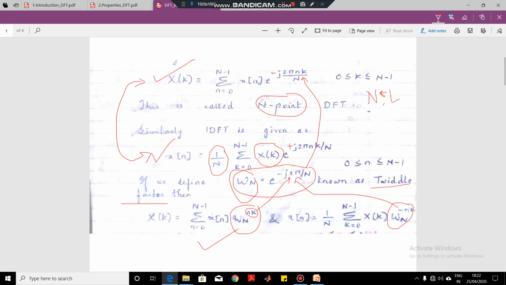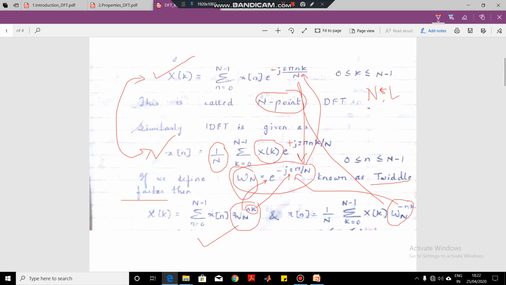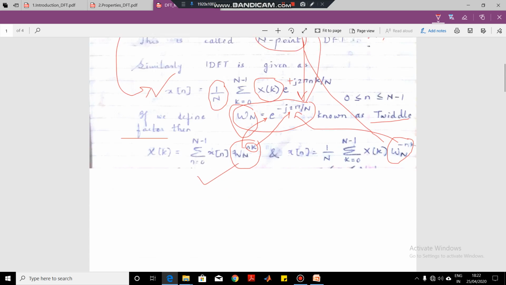In WN, automatically this negative sign is there, but when you write WN minus nk, then we get the positive sign. Okay, so remember this, don't write WN minus nk for DFT, then it will be wrong. These formulas you have to understand very well, how the formulas are being written.